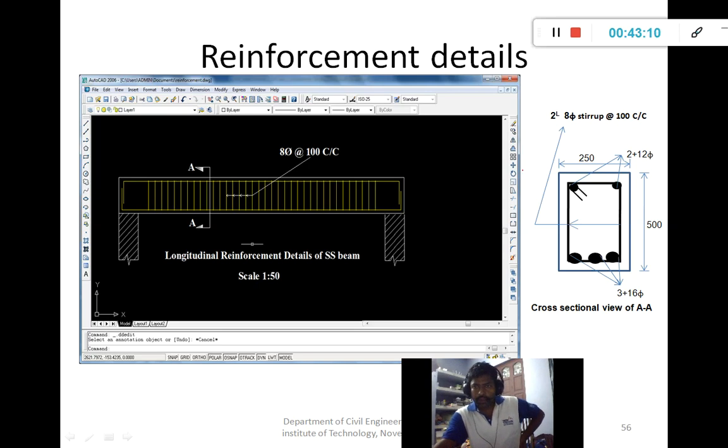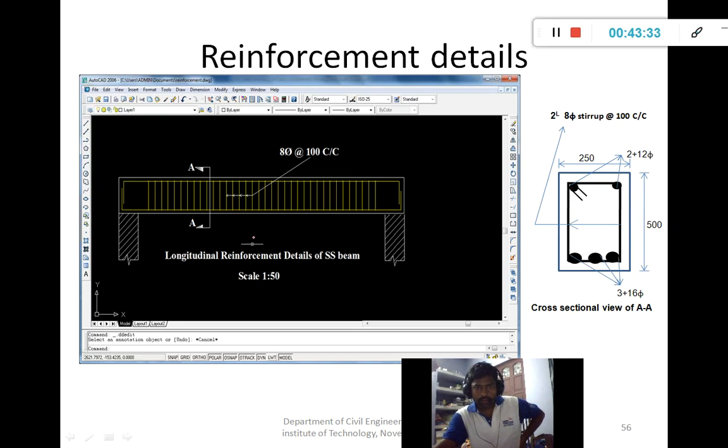And this is a vertical stirrup which is again anchored in the compression zone, generally given around the longitudinal bar and anchored in the compression zone. Clear? So here the spacings are given. So this is 8 phi at the rate of 100 center to center.